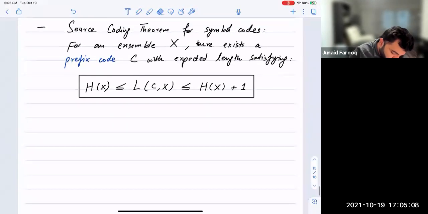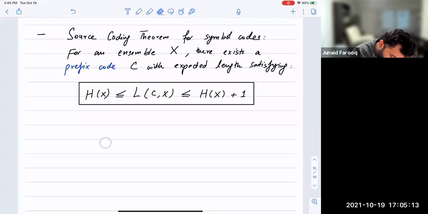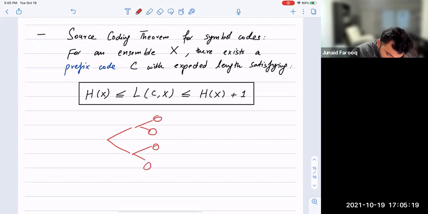It has to do with the tree: you can construct a tree of prefix codes. So whatever the probability distribution is, your average code length is always going to be less than H(X) plus 1. That's an upper bound. Again, there has to be a proof for that, but we are just providing the result here and not going into the details.